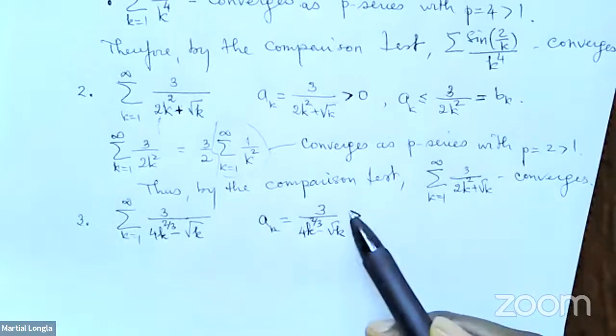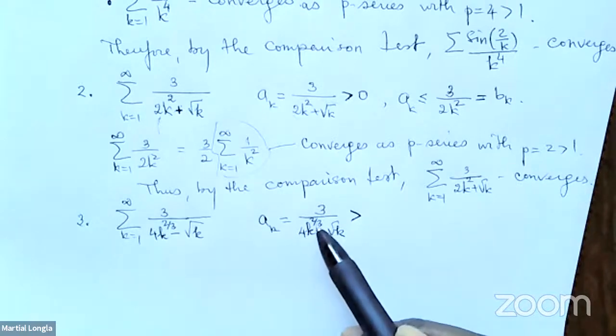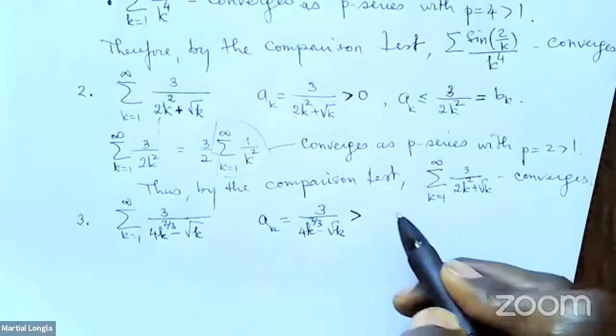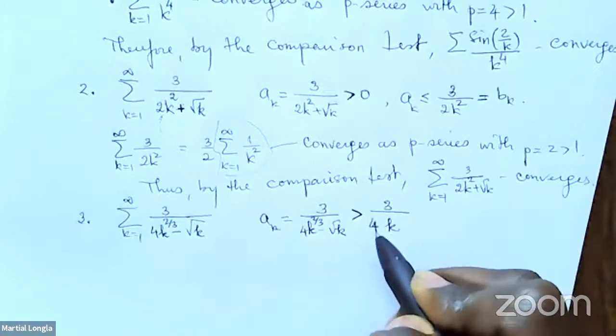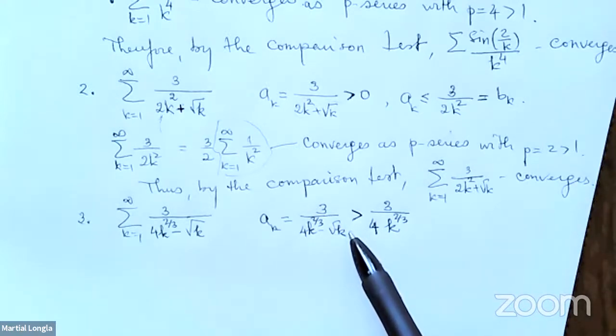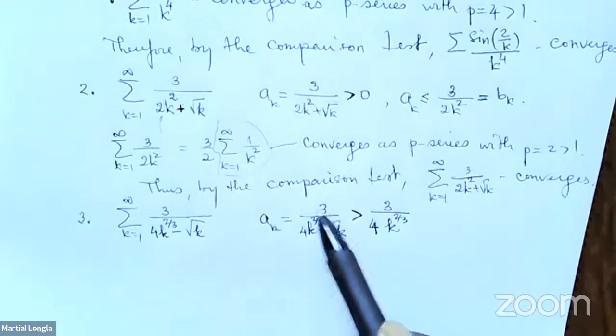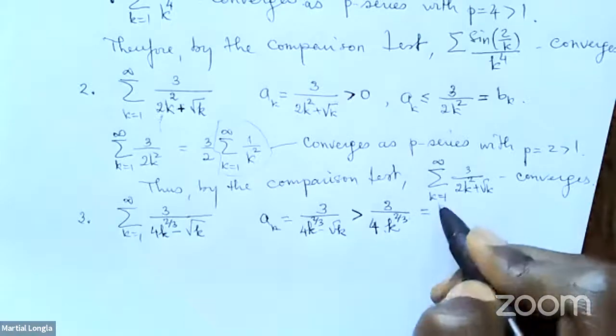And what is smaller than 3 over 4k to the 2/3 minus root k? That'll be easily found here as 3 over 4k to the power 2/3, because when you subtract root k, you are making the denominator smaller, so you're getting a larger fraction when you have a smaller denominator. Therefore, this inequality is true.